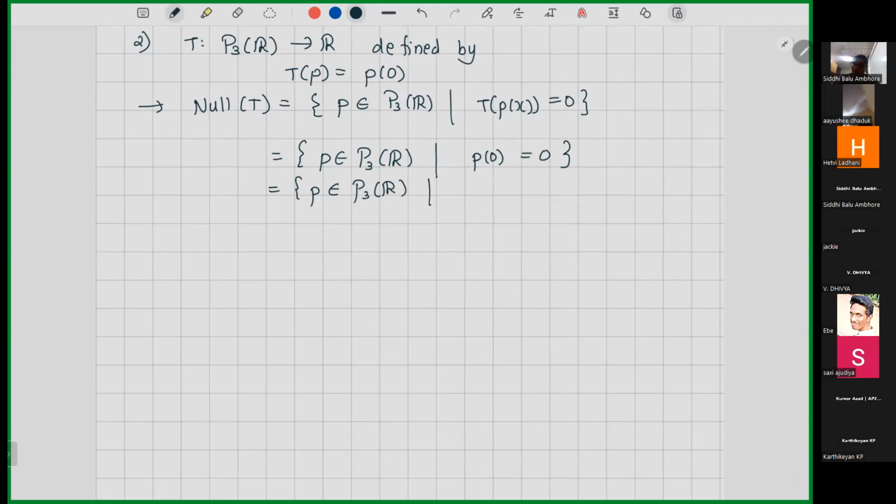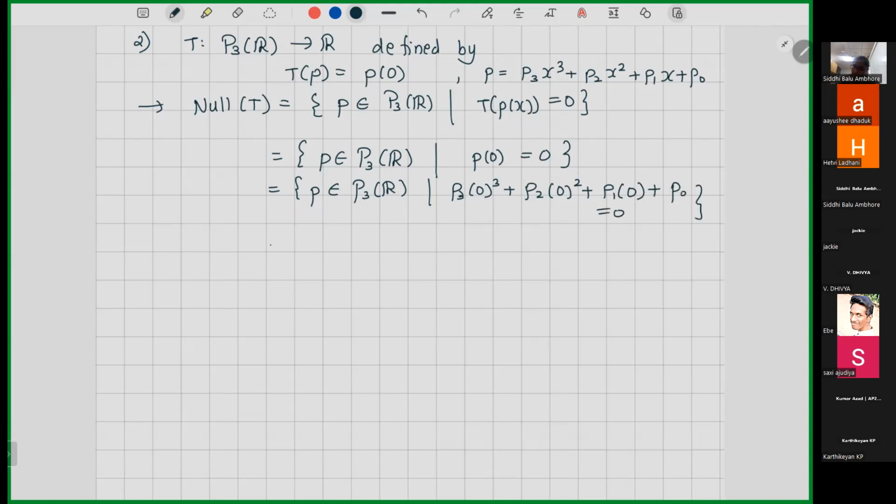And when I write this p(0) is 0, what we mean is, if I write p to be p3 x cube plus p2 x square plus p1 x plus p naught, then what I will get is p3 times 0 cube plus p2 times 0 square plus p1 times 0, the constant term of the polynomial remains, plus p naught is equal to 0.